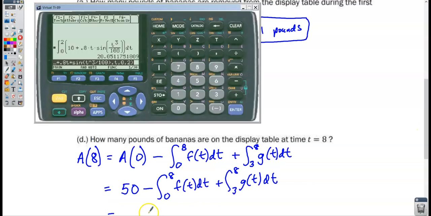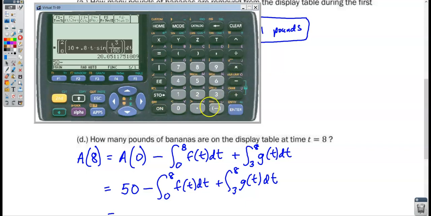So I'm going to have 50 minus the integral of f from 0 to 8 plus the integral.